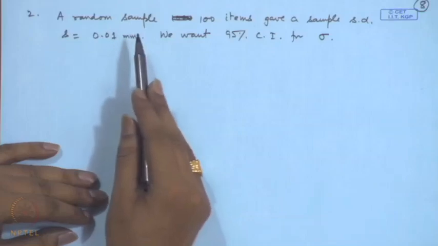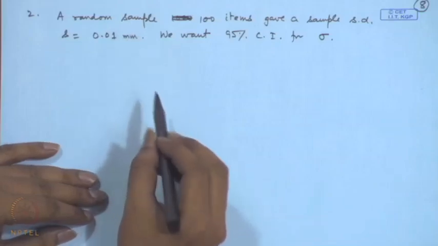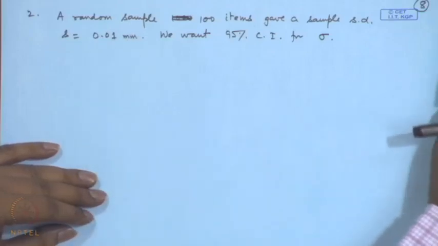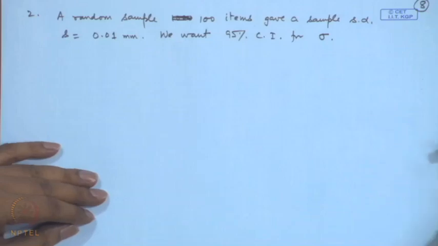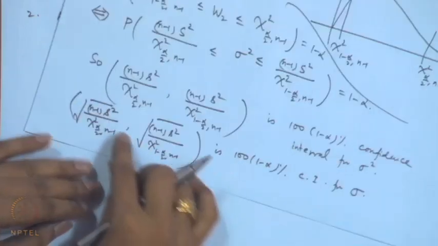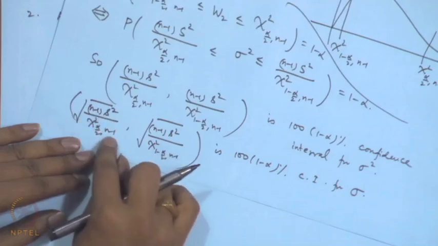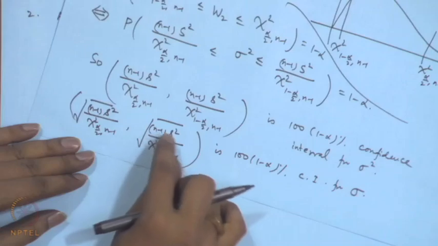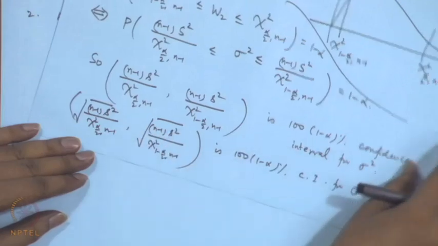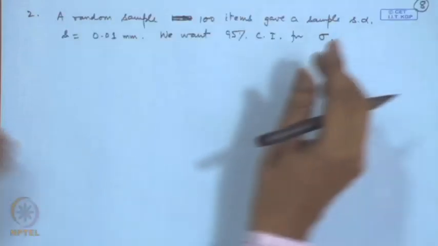Now, we can apply the formula for the unknown mu case. The formula for the standard deviation's confidence interval is square root (n minus 1) s square by chi square alpha by 2 99 here, and similarly this value here. So, we calculate this here.